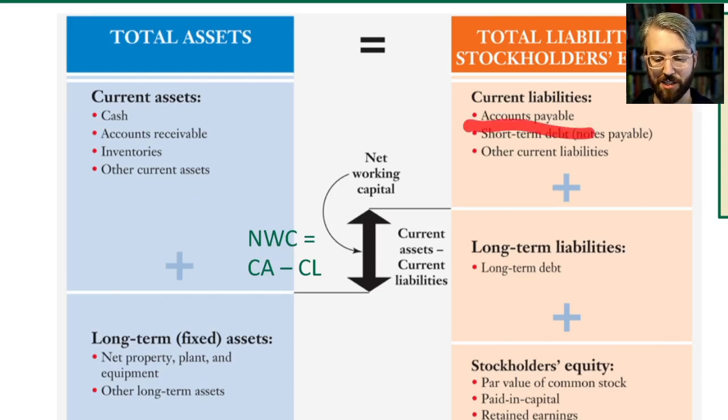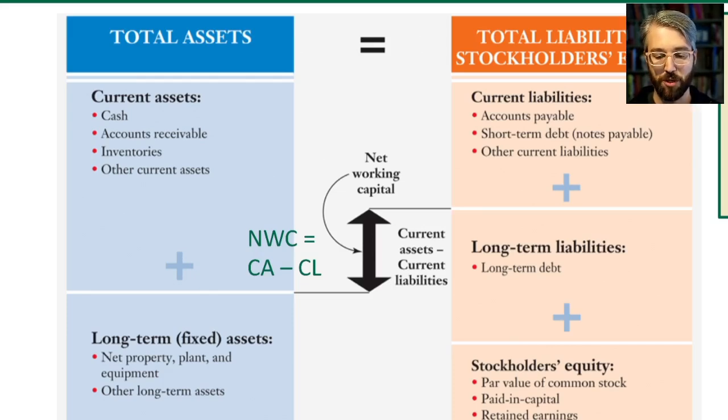On the liability side, AP, so supplies that it has collected and used to generate sales but hasn't yet paid for. And then there may also be some financial liabilities, not operating liabilities, including short-term debt. So if it's done short-term borrowing that it expects to pay back within the next year, we'd often see that called notes payable if it wasn't called short-term debt on a firm's financial statements.